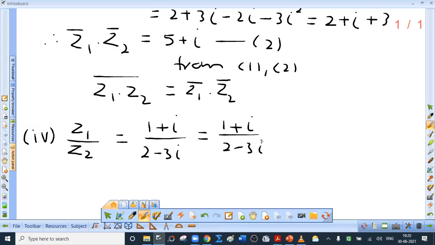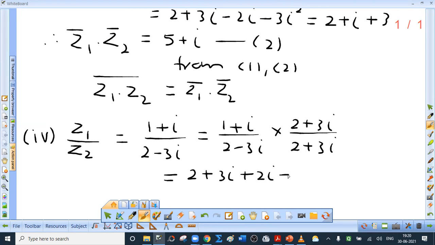Now fourth one, first we have to find Z1 by Z2. Tell me what is Z1 by Z2? So it is 2 plus 3i plus 2i plus 3i square divided by 4 minus 9i square.